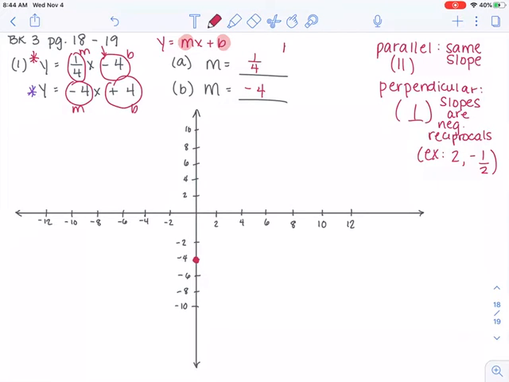M is equal to rise over run. For this one, I have 1/4. That means I rise 1, so I'm going to go up to this point in between the -2 and the -4, and I'm going to run 4. So I would go 2, 4.